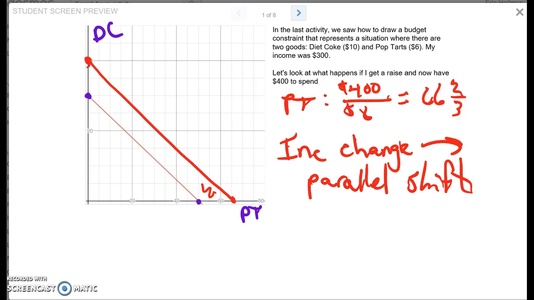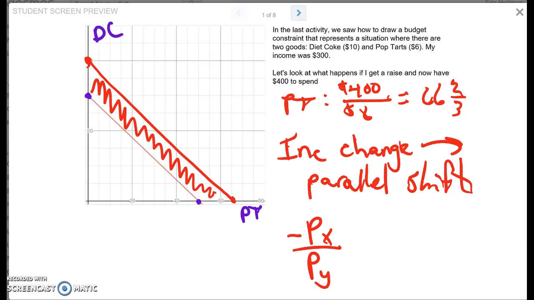You can see there are more points now in the feasible zone, in the feasible set that we can reach, because we had more money to spend. Notice that the slope hasn't changed, because remember, the slope of a budget constraint is negative px over py, and neither price changed, so the slope is still the same as it was before.